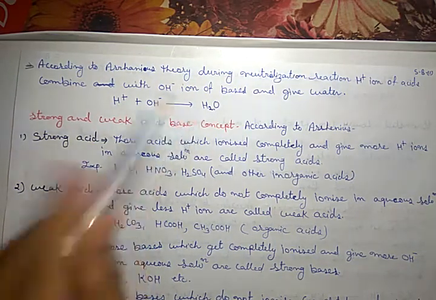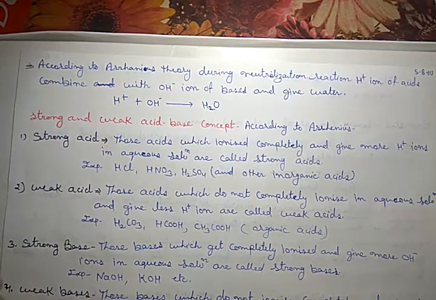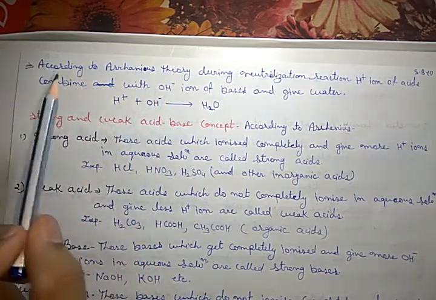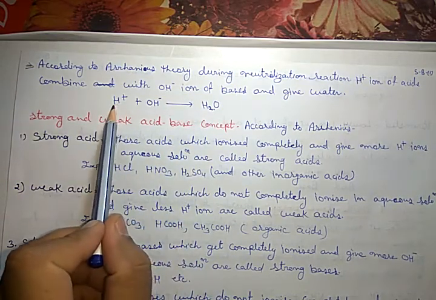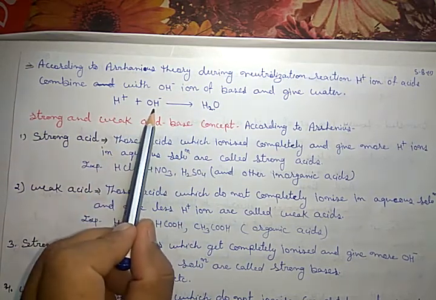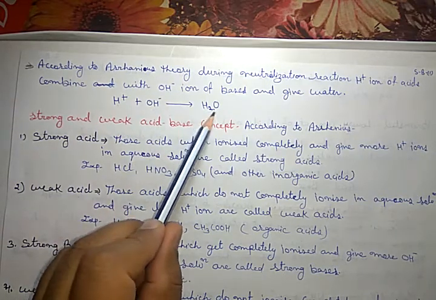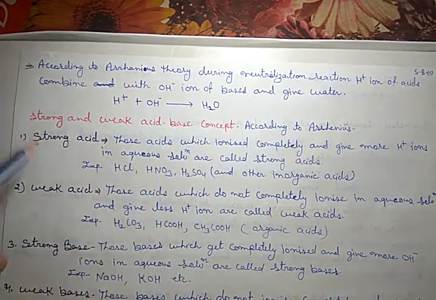The name of the reaction is neutralization reaction, and any chemical is neutralized when there is complete use of the H+ and OH- ions. That's why water is the main product of the neutralization reaction.